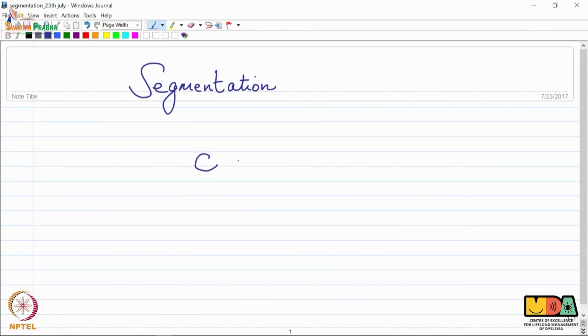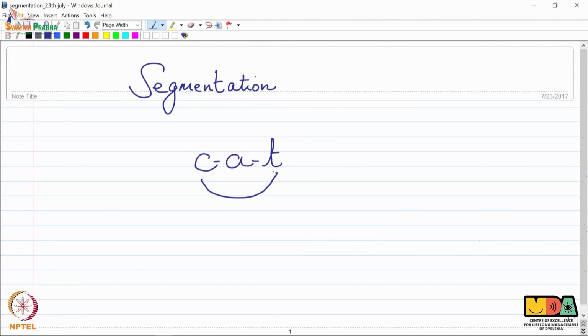K, A, T. So, cat has 3 sounds, and the sounds are K, A, and T. Having done the segmentation, the final step is the synthesis.